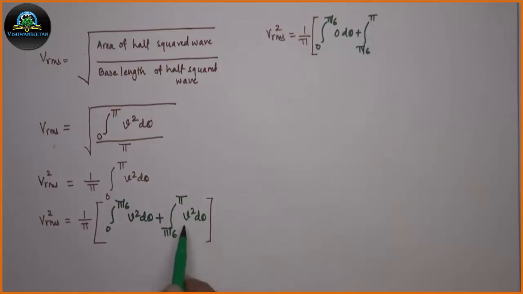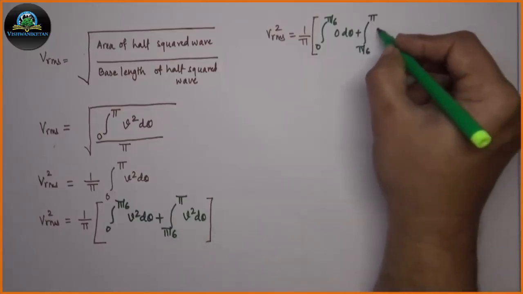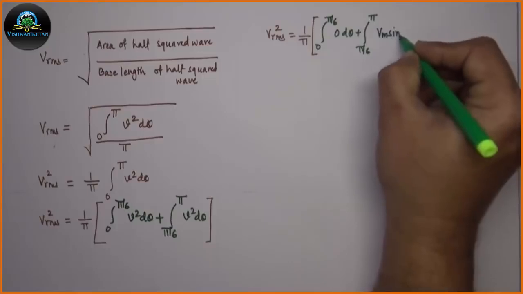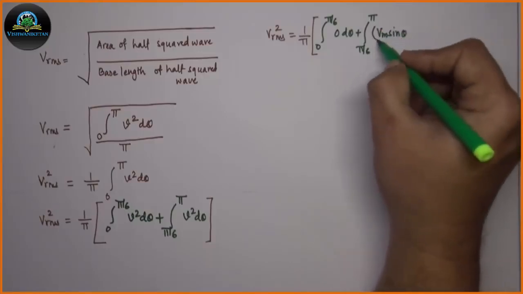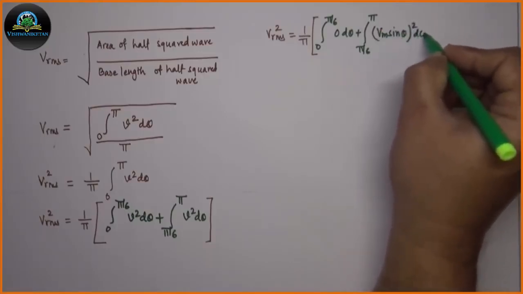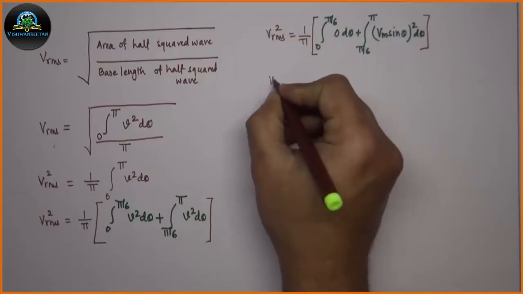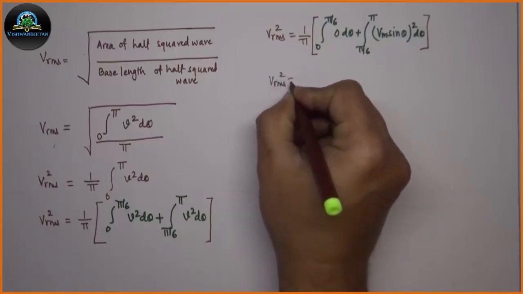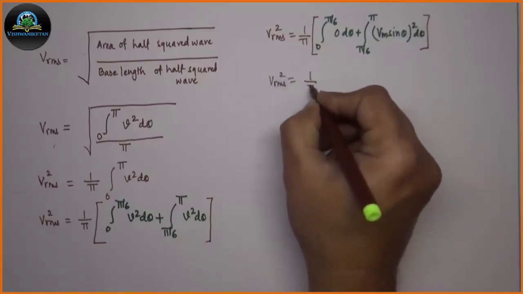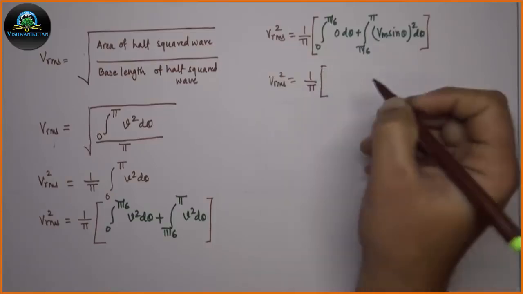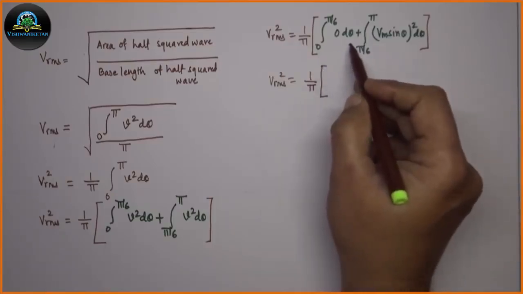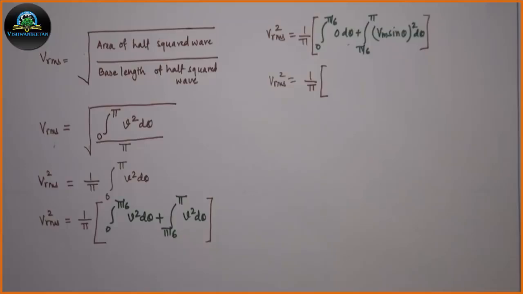For second interval value of V is Vm sin theta. Further simplify, we will get the first part neglected because it is 0.